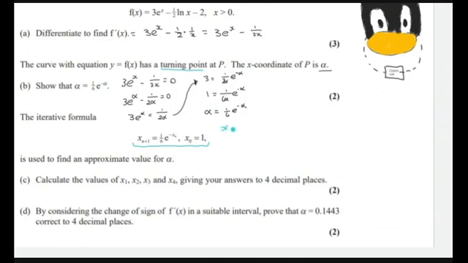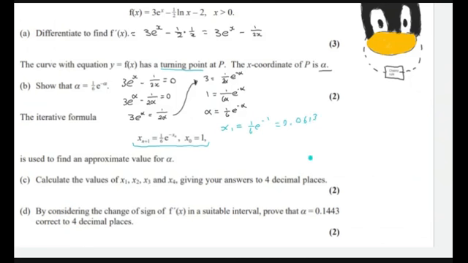So x1 is going to be equal to a 6th e to the power of minus 1, and that's going to be using a calculator.